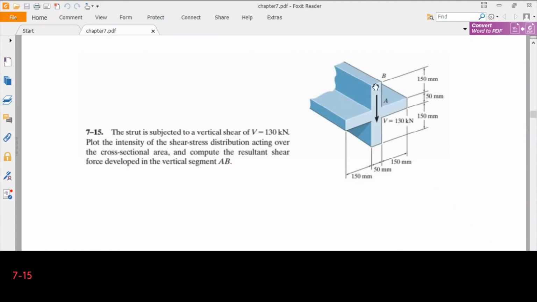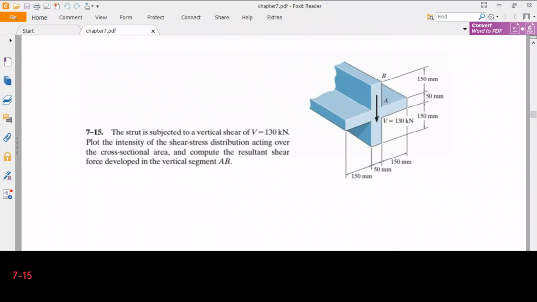First, we are asked for the stress distribution. So remember that through the width of the cross section, we assume that the shear stress is constant, and then we are asked for the force carried by this segment from A to B.